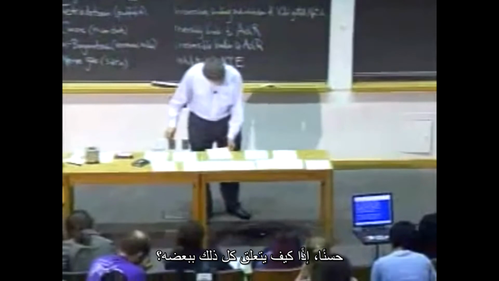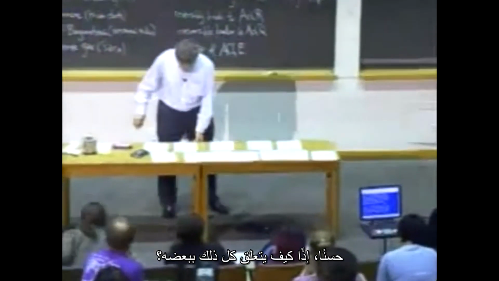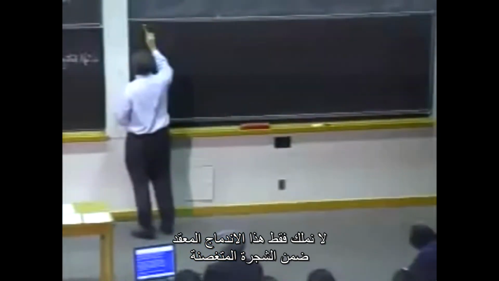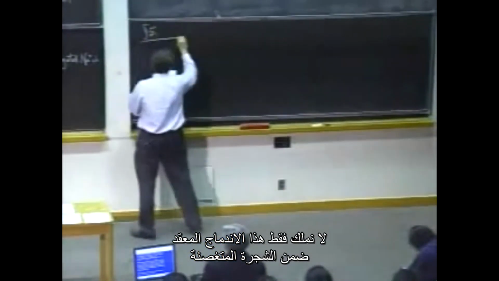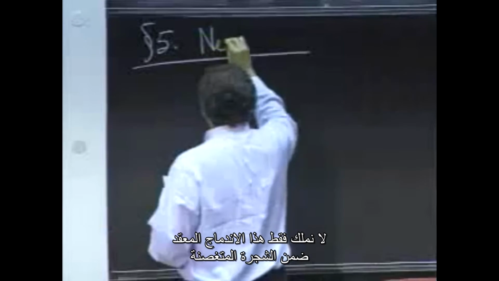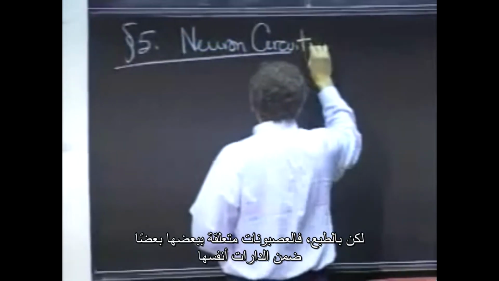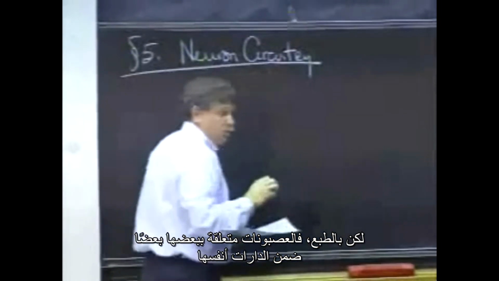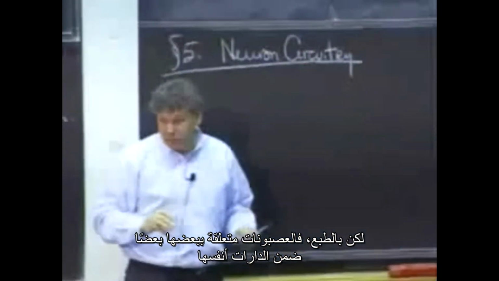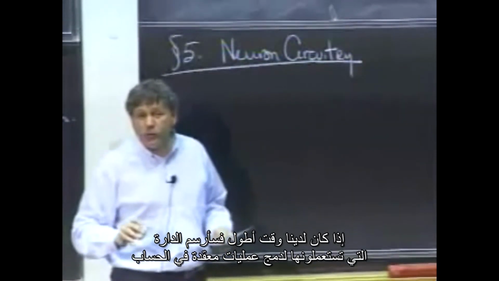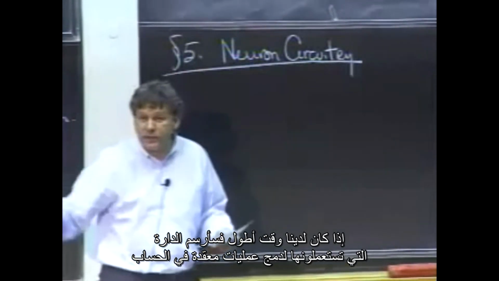All right. So now, how does all this get stuck together? Well, not only do we have this complex integration within the dendritic arbor, but of course the neurons are stuck together into circuits themselves. If we had more time, I would draw the circuit that you use to integrate complex functions in calculus.